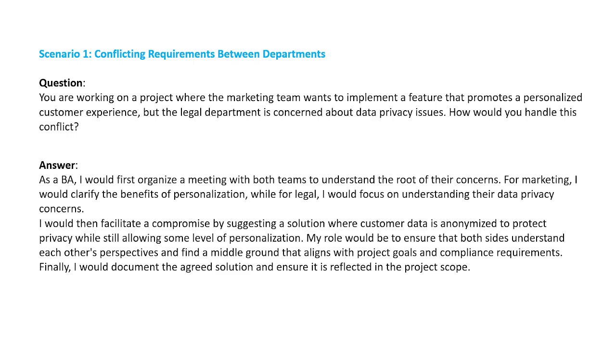My role would be to ensure that both sides understand each other's perspective and find a middle ground that aligns with project goals and compliance requirements. Finally, I would document the agreed solution and ensure it is reflected in the project scope.